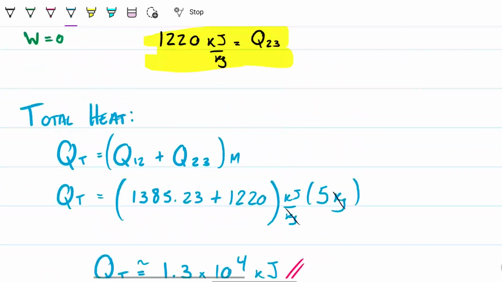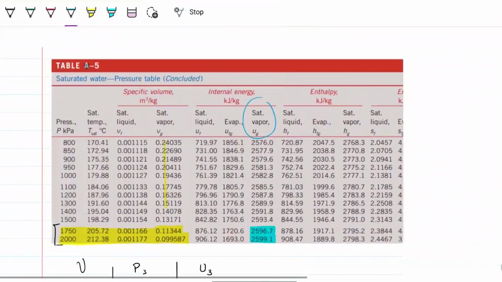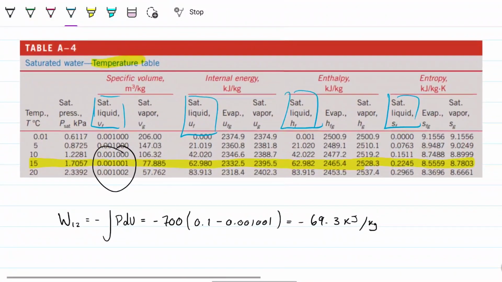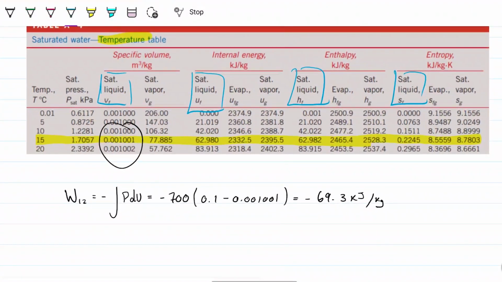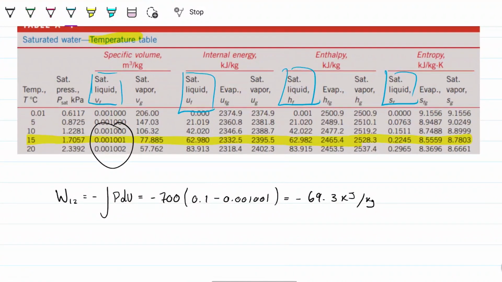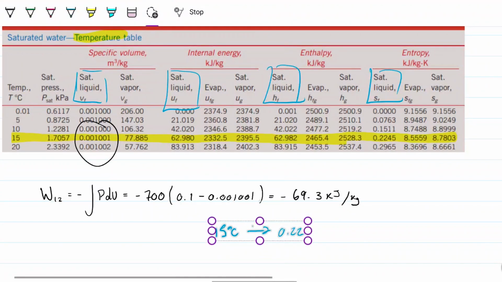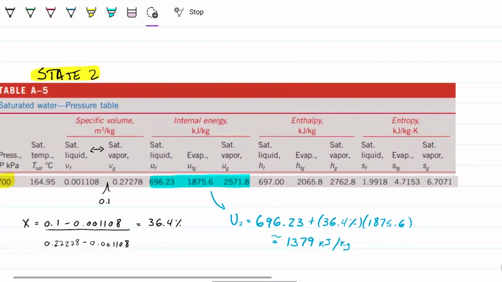Okay, so let's go on state number one. State number one is a compressed fluid. Temperature is 15, so 15 Celsius, and about 0.22 for my entropy.